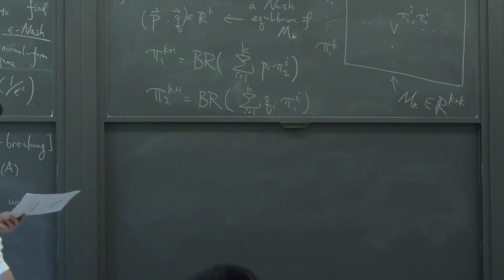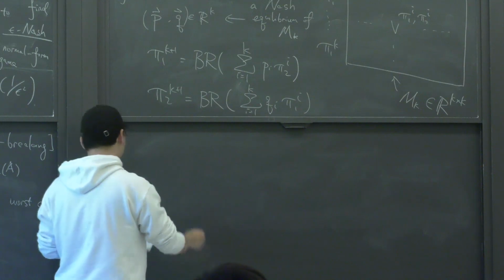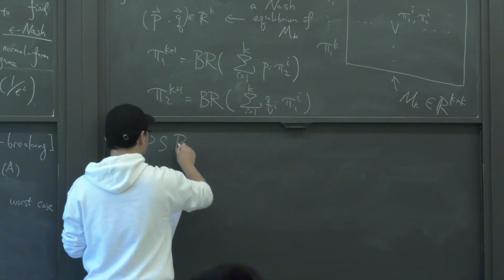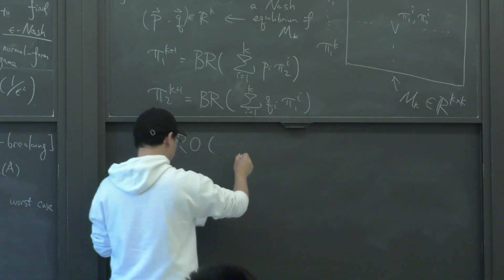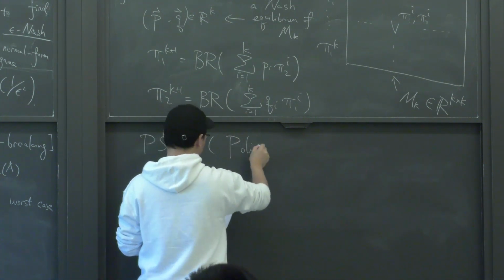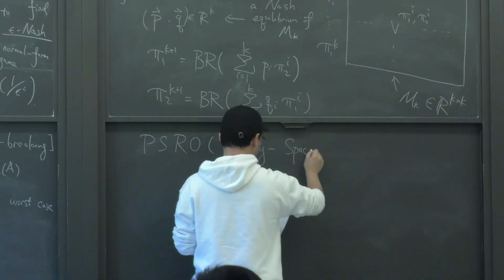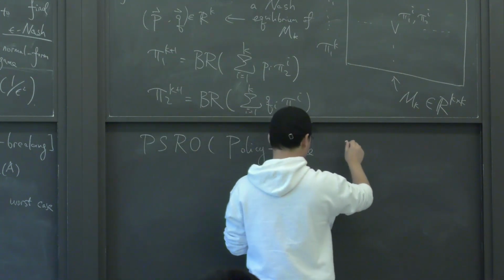So this is one specific strategy called double oracle, but in general they also proposed an algorithm called PSRO, which stands for policy space response oracle.